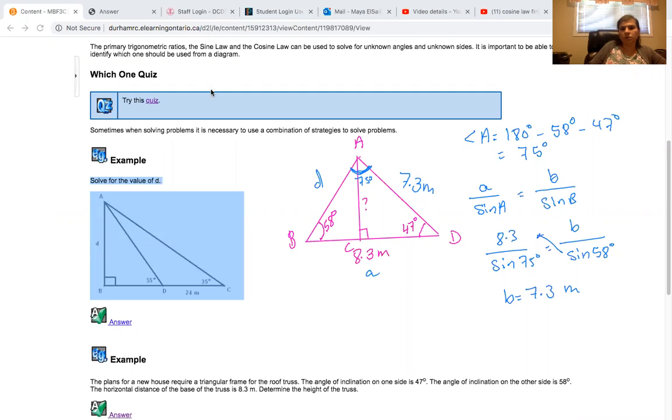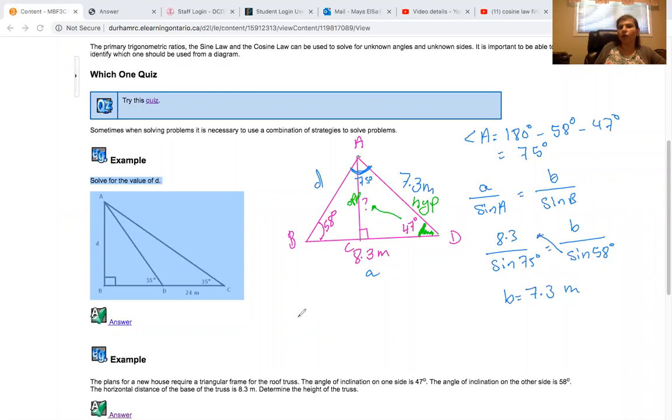Now, I have enough information. So if I look at this triangle now, ABD, I have enough information. I know this angle 47. I know this side, which is the hypotenuse, and I'm looking for this side, which is the opposite. So I'm looking for the opposite, knowing the hypotenuse.